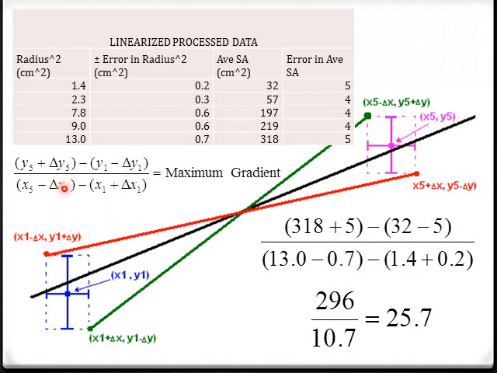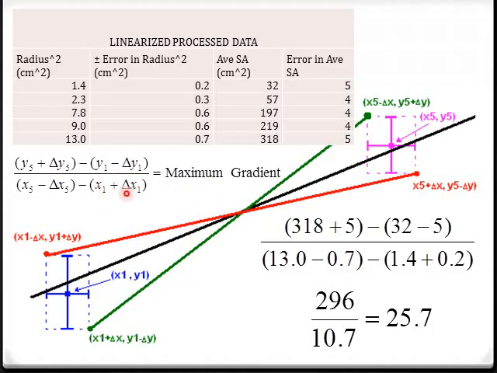We're going to do the same thing with the bottom. So we say x5 minus delta x, so x5, 5 is the fifth trial. x5 is the x value on the fifth trial. So this one, 13, and then it says minus its uncertainty, so minus 0.7. So 13 minus 0.7, great, we did that right.